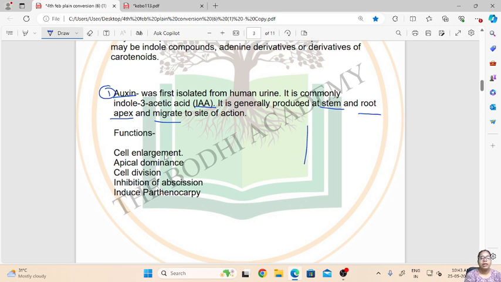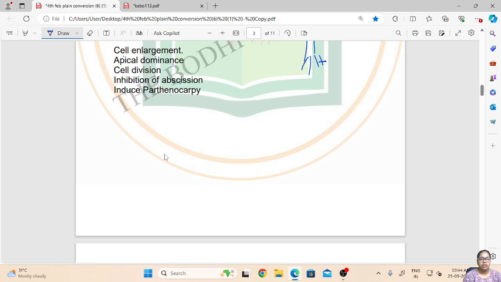So where are they produced? They are produced at the stem and the root part. Then they will migrate to the site of action wherever they are required. So basically, what is the function of auxin? It helps in cell enlargement, apical dormancy, cell division, inhibition of abscission, and induces parthenocarpy. So these are the functions of the hormone auxins.